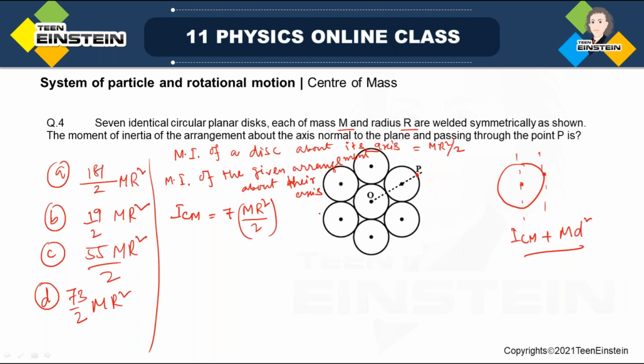Okay, now look, we have to find out the moment of inertia about this particular axis.